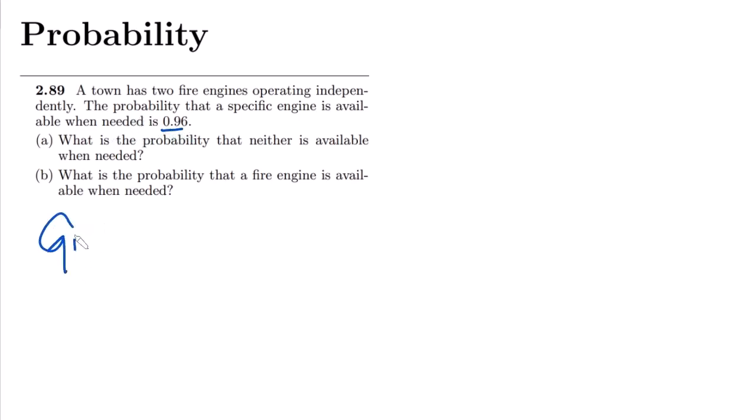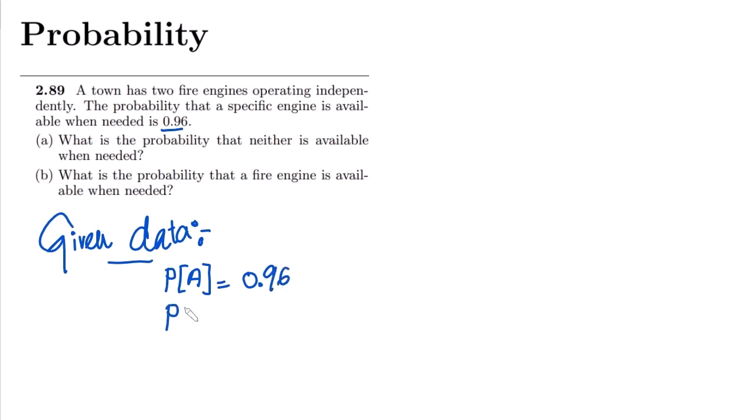Okay, so let me write here first the given data. Let me have a first engine A and the second one is B, and the probability of their availability is 0.96. So the probability of availability for engine A is 0.96, and similarly for B the probability of availability is also 0.96.